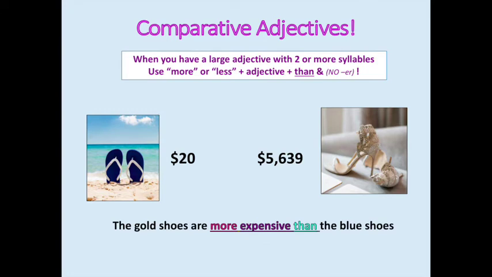So, for example, we can look at these two pairs of shoes, and we can say the gold shoes are more expensive than the blue shoes. We use the word more, our adjective without adding ER, and then the word than, to compare these two shoes.